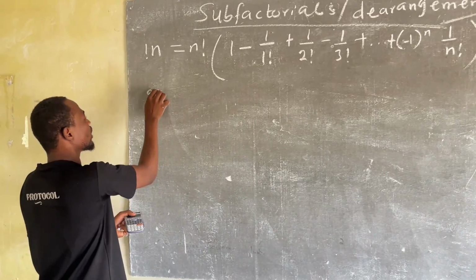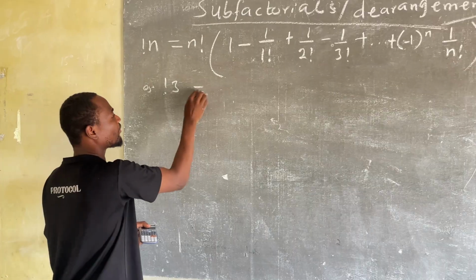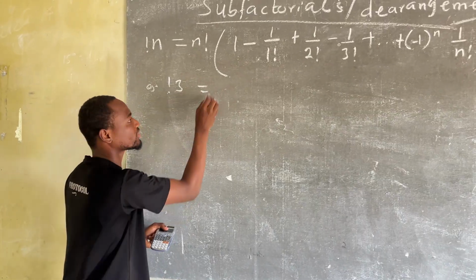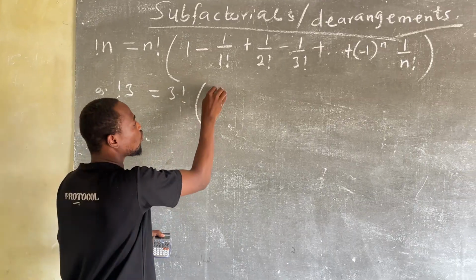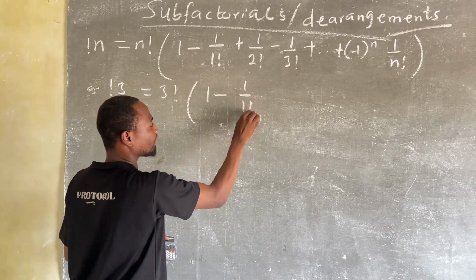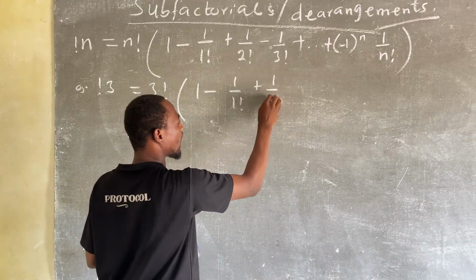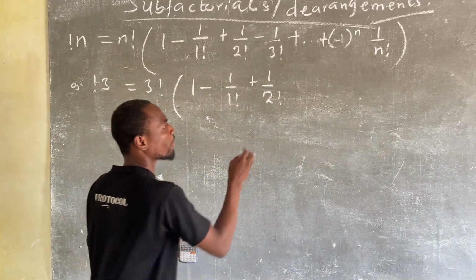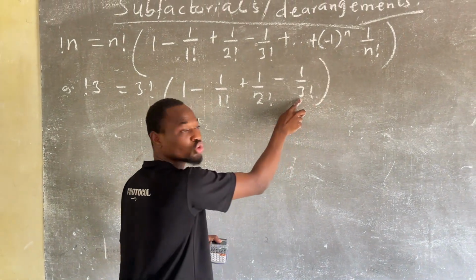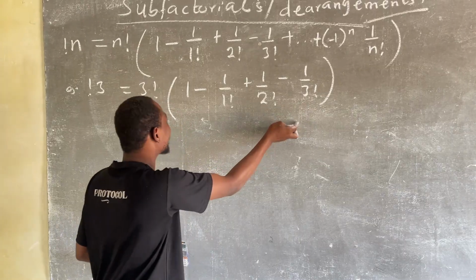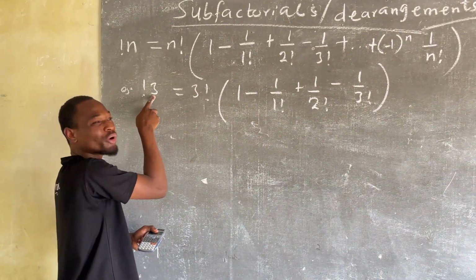For example, if you have subfactorial of 3, then subfactorial of 3 equals 3 factorial times 1 minus 1 over 1 factorial, plus 1 over 2 factorial, minus 1 over 3 factorial. I'll stop at this point because the question said I should evaluate subfactorial of 3.